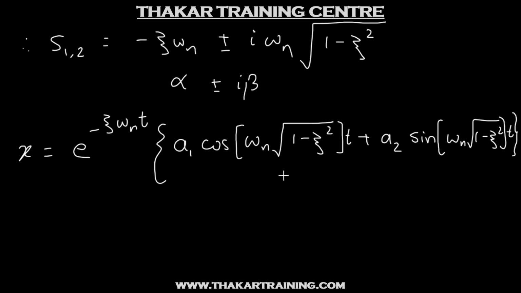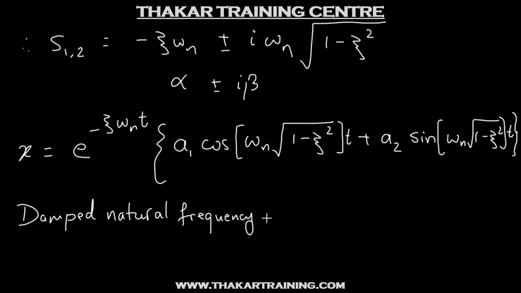Now once again, to make it convenient to write, we define a new frequency that is called a damped natural frequency. So we define a frequency called damped natural frequency, or you can simply call it damped frequency omega d, which is omega n root of 1 minus zeta square, just to make it convenient to write.